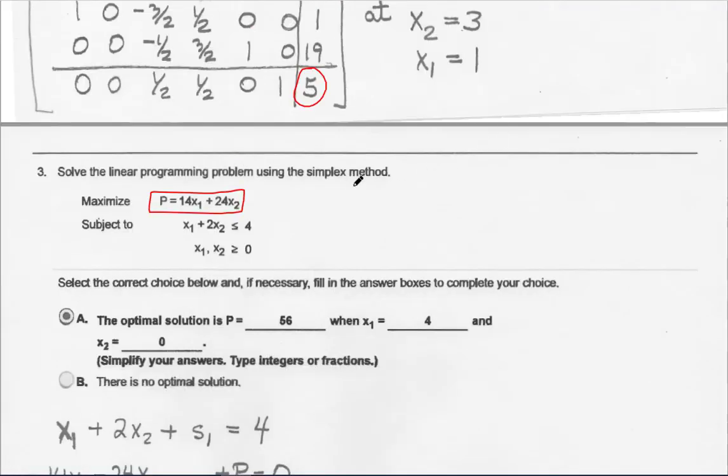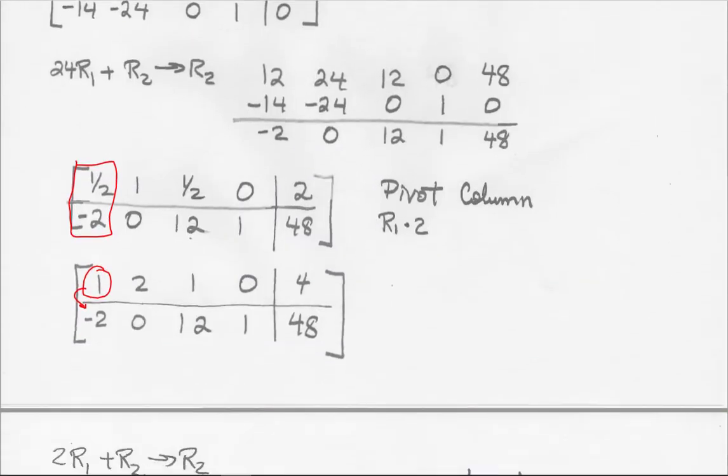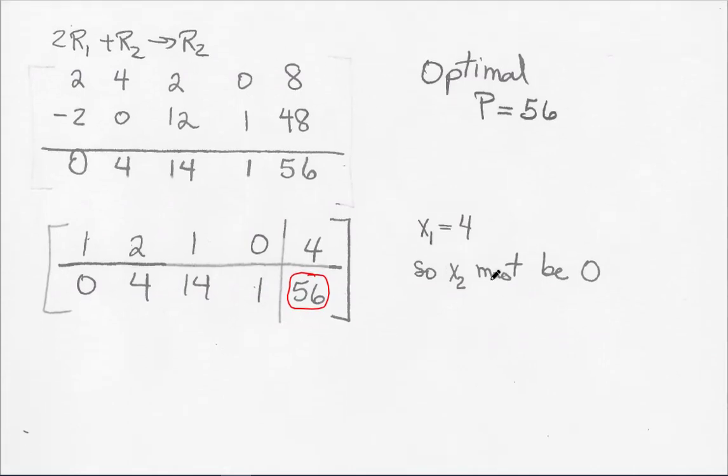So if x1 is 4, 4 times 14 is 56. And if that's optimal, that must mean then that x2 is 0. And that's our final conclusion here, that at (4, 0), we have maximized P to have a value of 56.